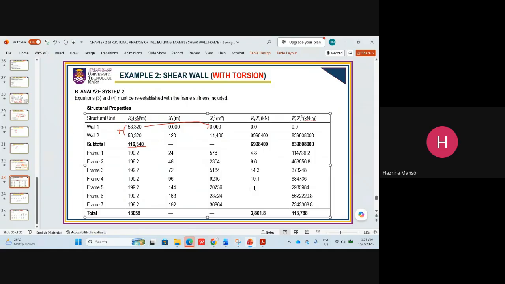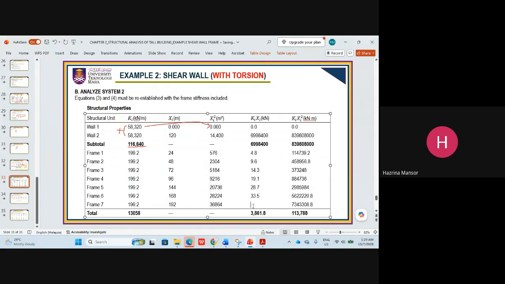And here is 199.2 times 144 divided by 1000. So this one is 28.7. Again, 199.2 times 168 divided by 1000 is 33.45.